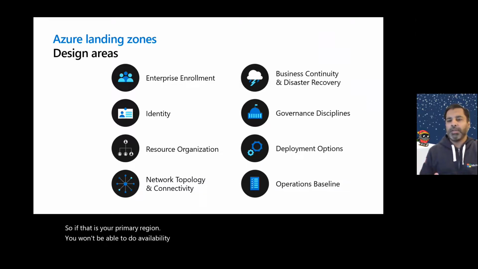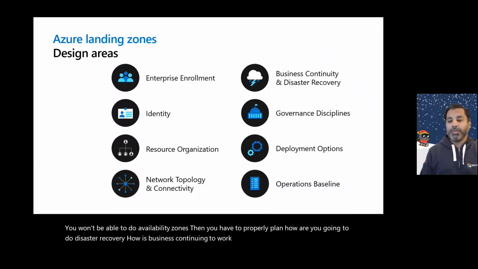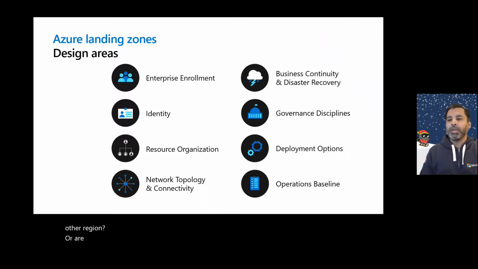Then you have to properly plan how you are going to do disaster recovery, how business continuity is going to work, and are you going to be using the other region, or are you going to be going to another region for the other country? Because the other challenge is some companies can only keep data within their country region.